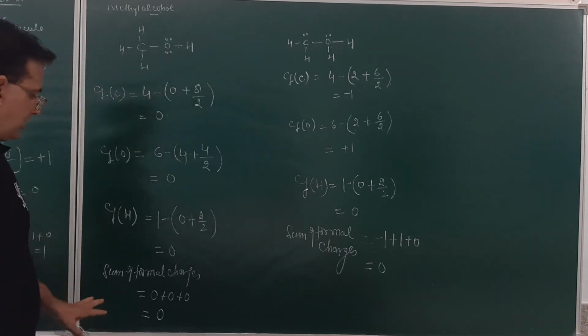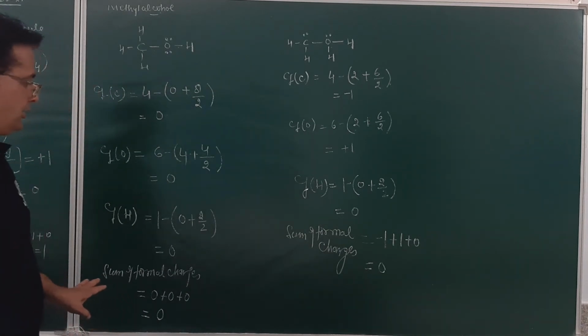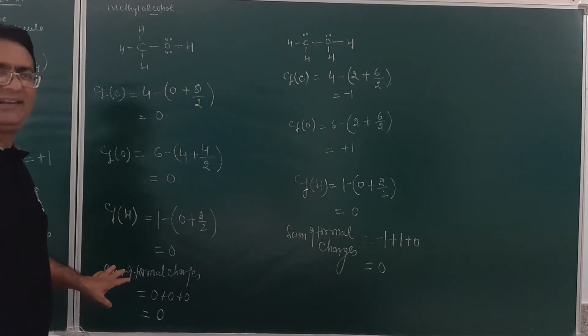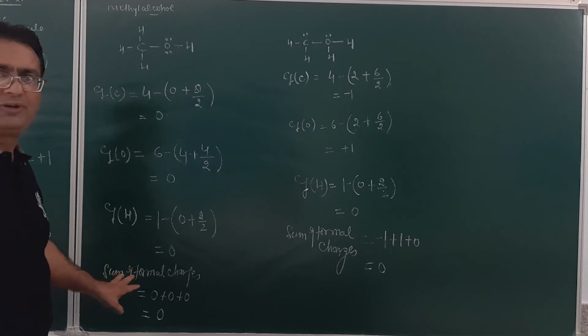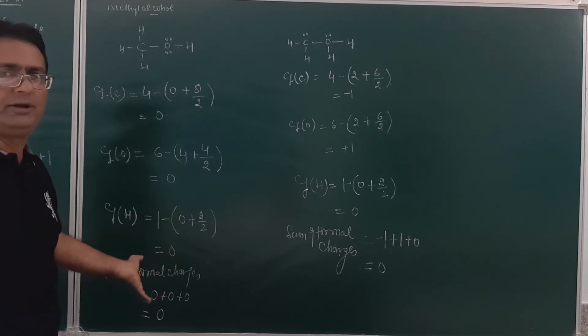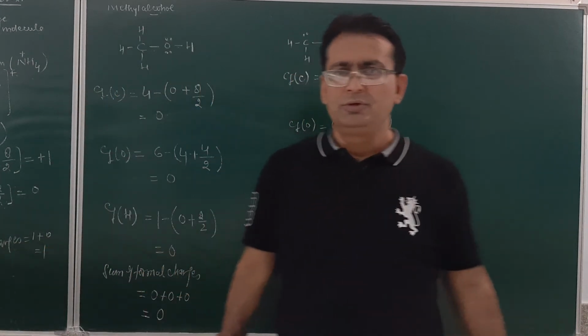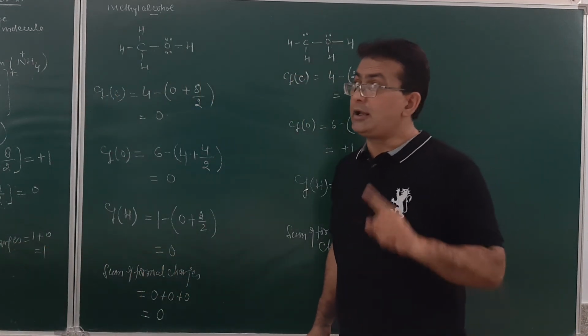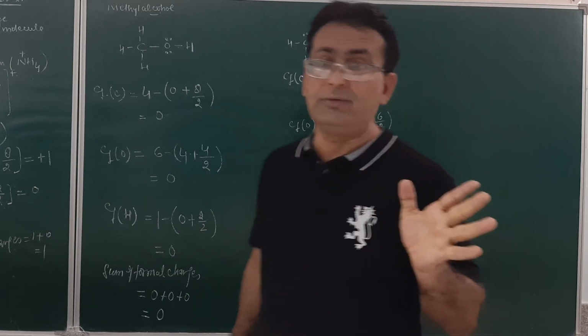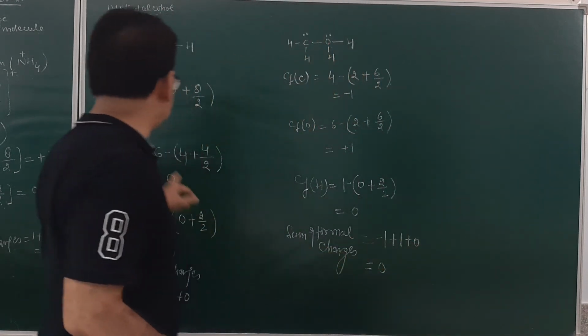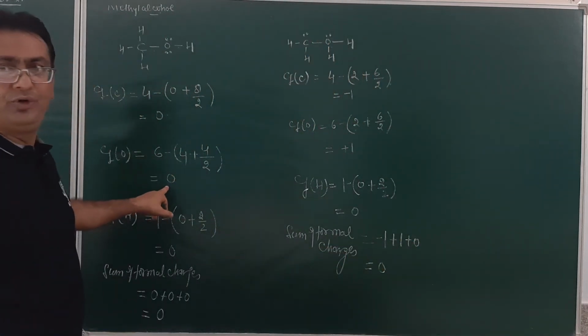Now, I told you, students, that accepted structures are those where the sum of formal charges is, as far as possible, nearer to 0. So, in this case, in both cases it is coming to be 0. But the second point is that the negative charge must be present on the electronegative atom. Here on the electronegative atom, the charge is 0.